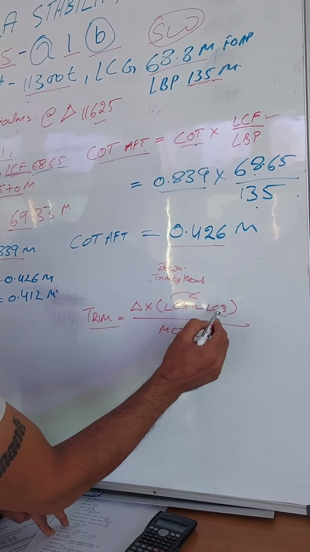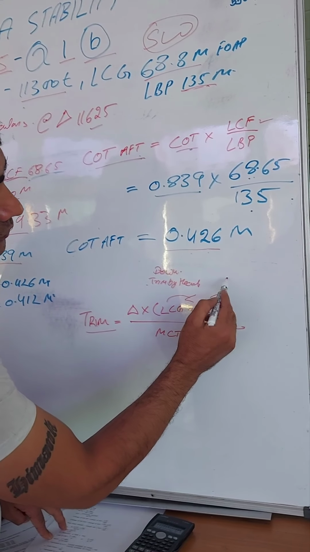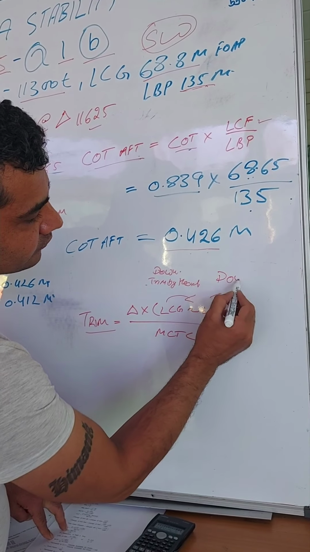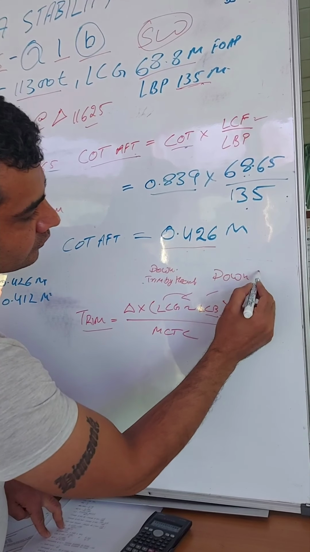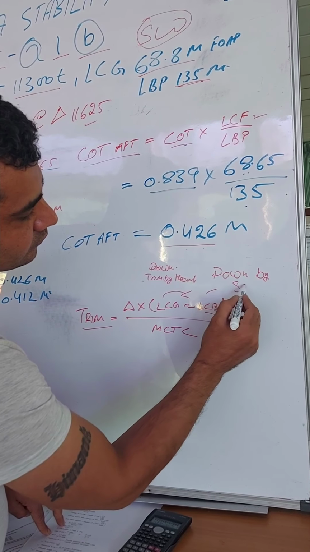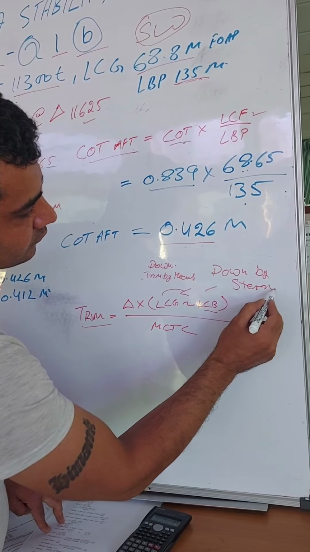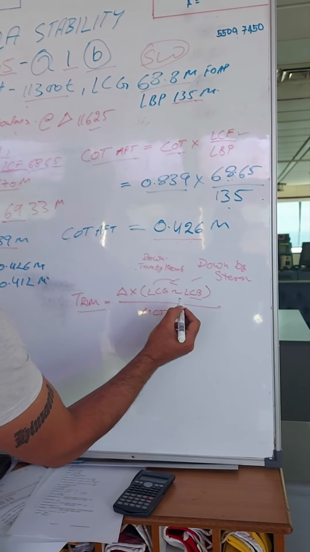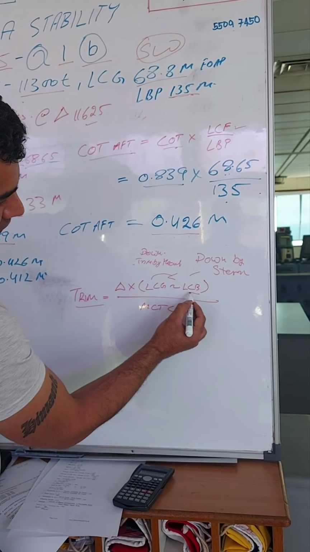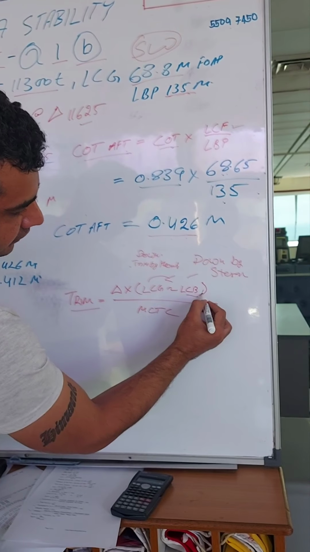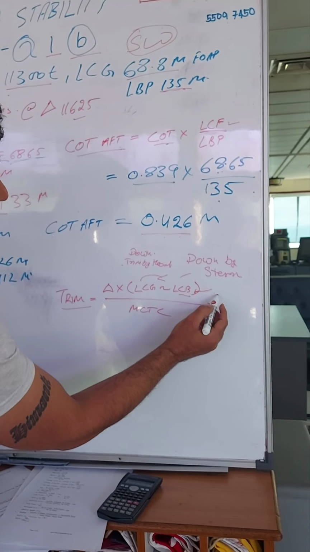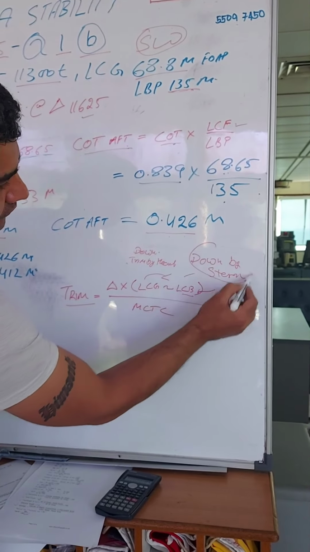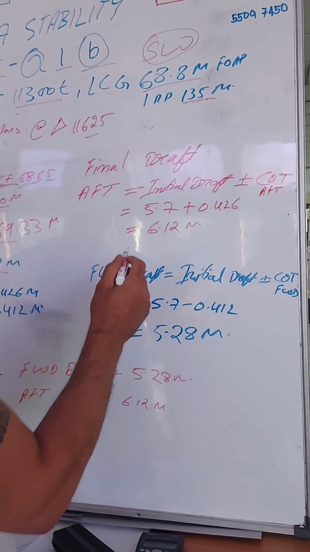If LCB is bigger, that means down by stern. In this case, our LCB is bigger, that means our vessel is down by stern. Okay.